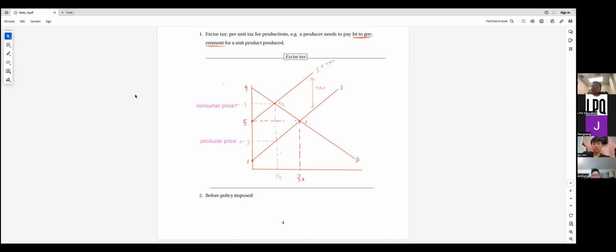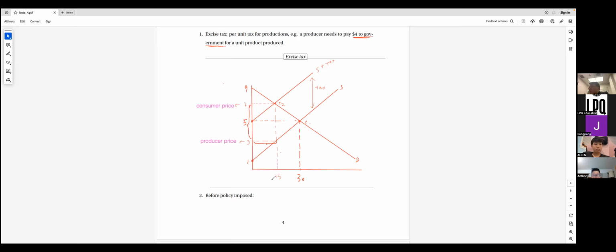So you see, per unit tax here is from 3 to 7, right? So per unit tax is $4. How many units can we trade in the market?